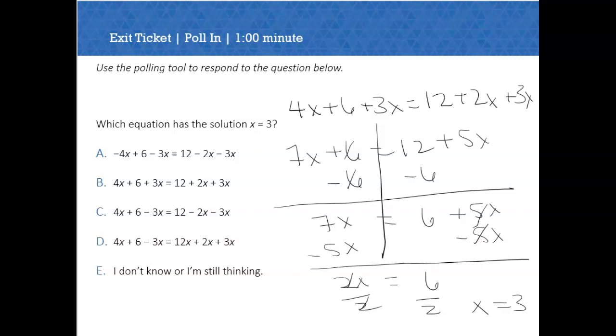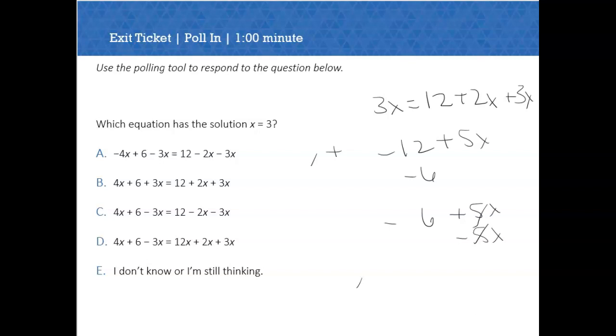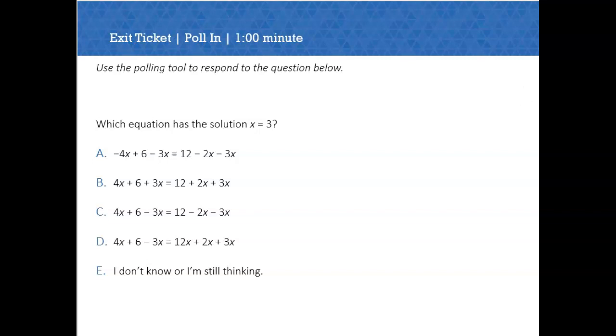So that one was pretty similar to the one we just did, just different signs. So we went through that one pretty fast. Let's take a look at the next one. So you can see even when they look very similar, the steps are the same, the number solution is just different.